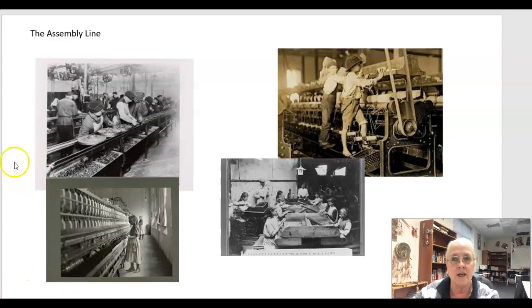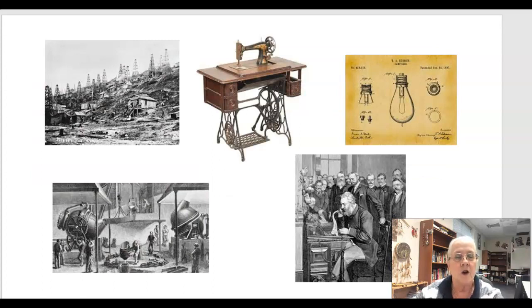Some of the new inventions and processes that are going to come along are going to have to do with industries that are going to develop. We have oil that's going to be found in Titusville, Pennsylvania, in this time period. And so this particular oil field up here, that's in Pennsylvania.